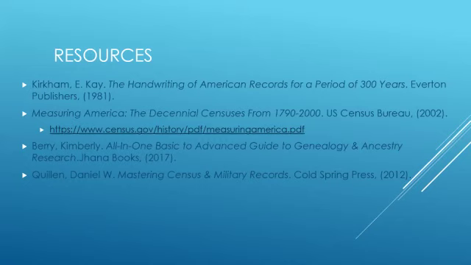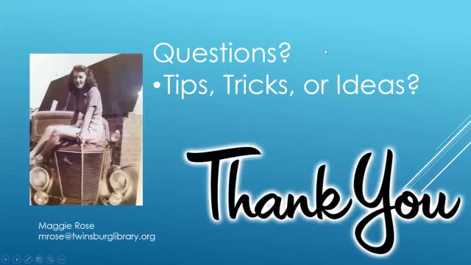Very conversational tone, very informative, and Kimberly Powell will give you the pitfalls to certain research as well as special things to look out for. And then again, Daniel Quillen's Mastering Census and Military Records, that little handbook I mentioned earlier. I love that resource, if you can get your hands on that through your library. I also recommend maybe purchasing a used copy from Amazon.com because they're very, very affordable.